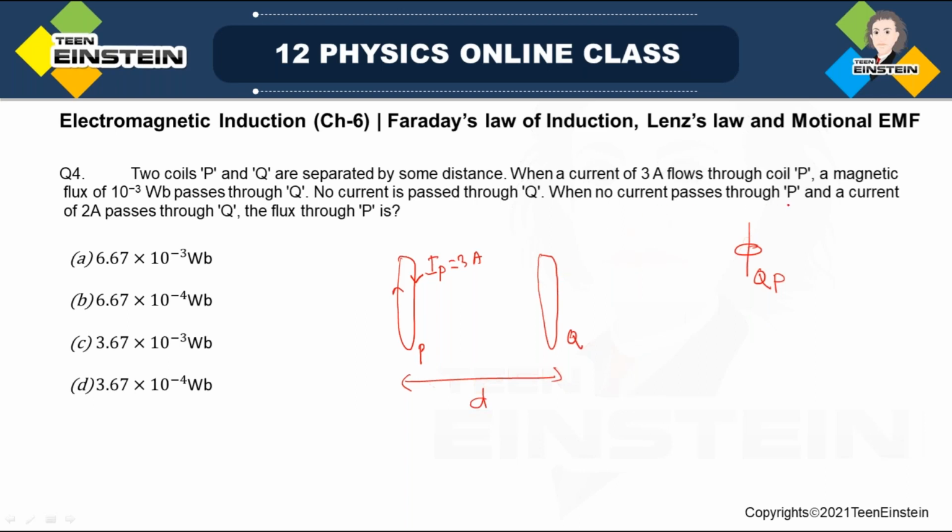When no current passes through P and a current of 2 ampere passes through Q, what is the flux linked with P?